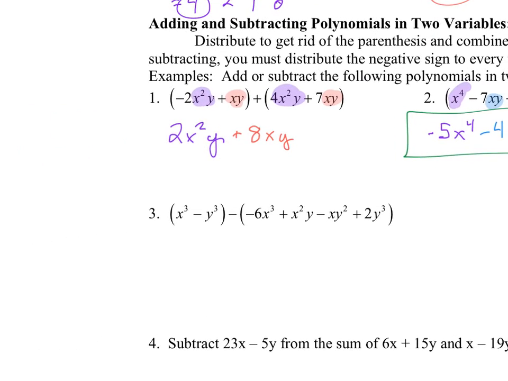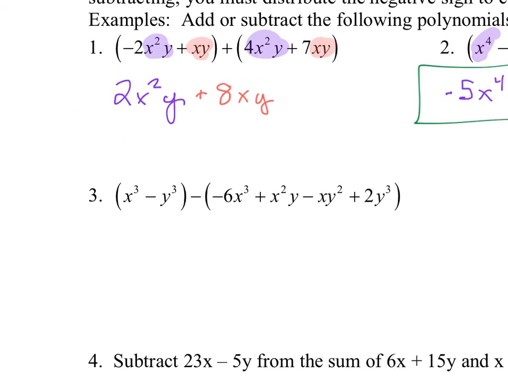If you want to use highlighters and color, please feel free to do so. It can help. Again, I've got a minus, so I'm going to switch my signs: plus, plus, minus, plus, minus. I've got an x cubed and an x cubed, so that's 1x cubed and 6x is a 7x cubed.